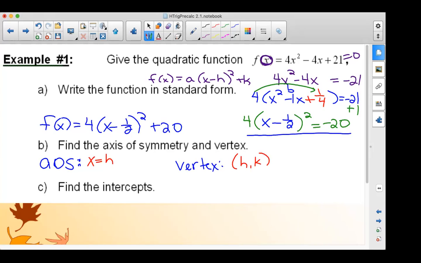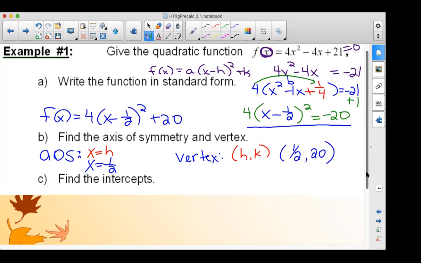And you should be able to pull the numbers out of the equation, and that's your axis of symmetry and your vertex. So Emma, the axis of symmetry is 1/2. And the vertex is 1/2, 3. So completing the square makes those 2 parts really easy to find.